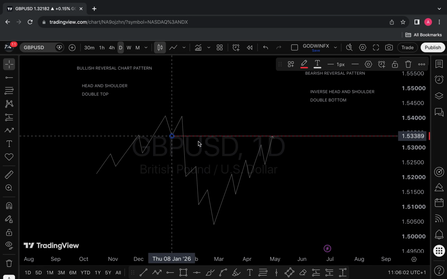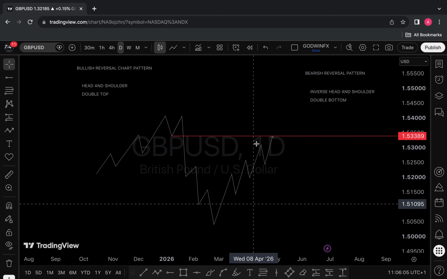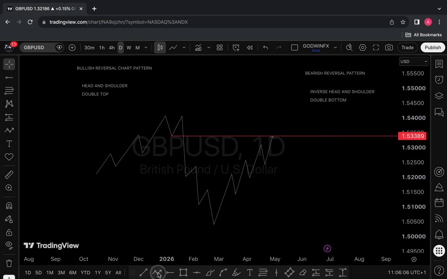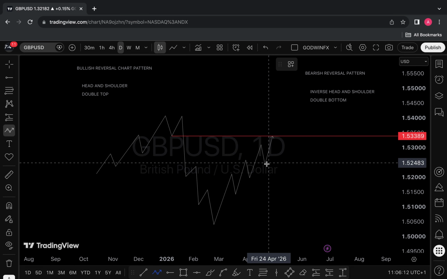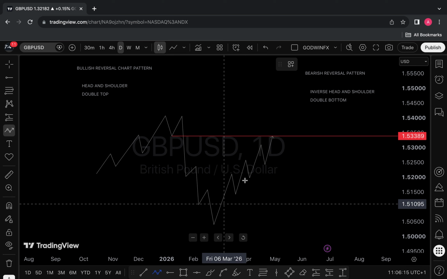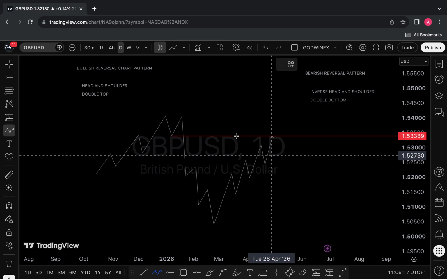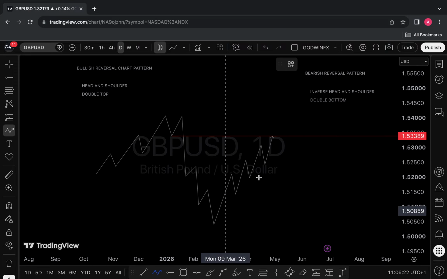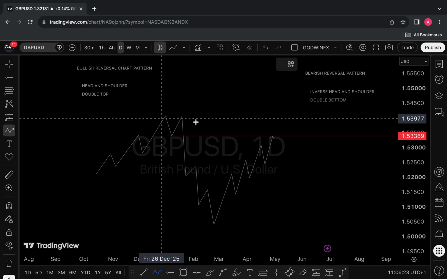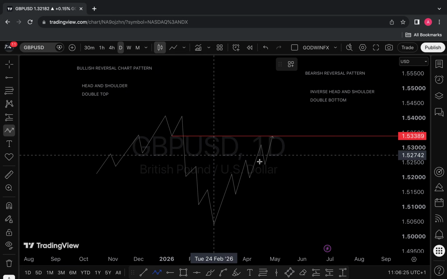So now if you determine that okay, price is on an uptrend, but now you see that market is currently reacting from a double top neckline, in that case you won't be looking to buy again, because obviously in an uptrend we should be looking to buy, right? But now since market is reacting from a bullish reversal pattern, this is a bullish trend. This is a bullish reversal pattern. This pattern could reverse an uptrend.